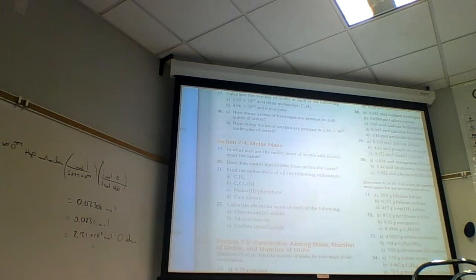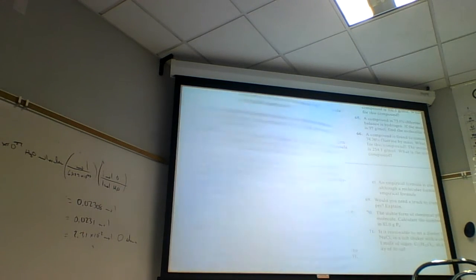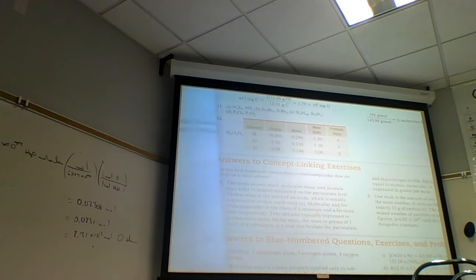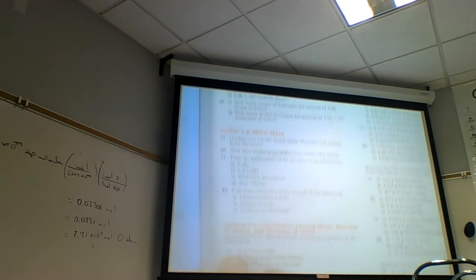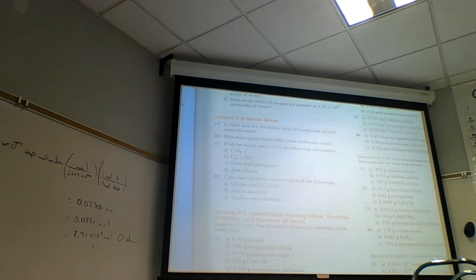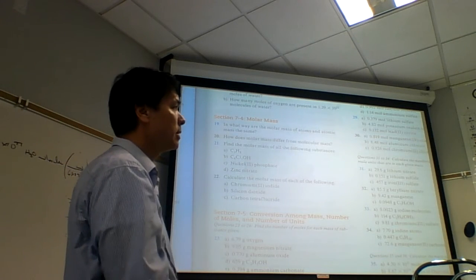Silicon dioxide. I'm going to speed up the pace. Silicon dioxide, what's the formula for that? SiO2. And so for silicon, they want the molar mass, so I don't care about the atomic mass.